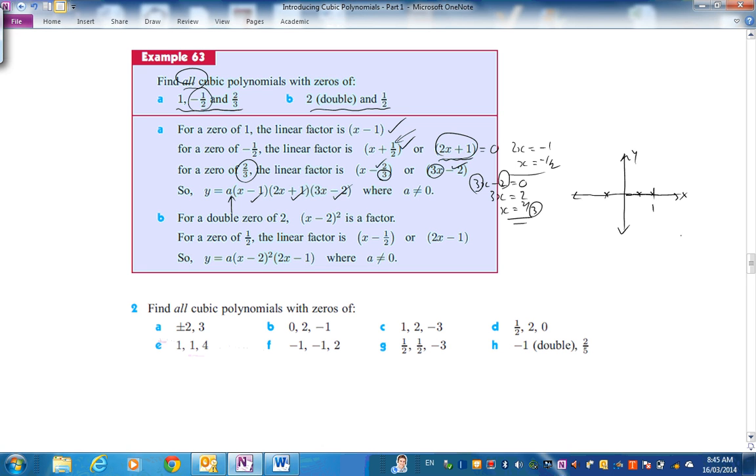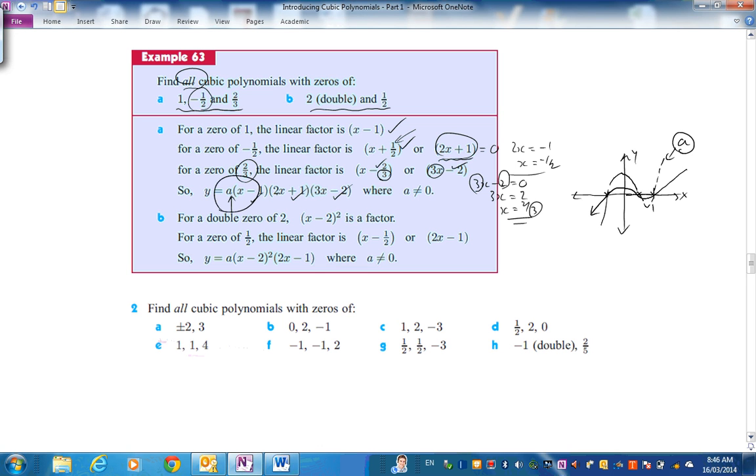So with this one, what we're going to say is there could be various steepnesses. It could be actually fairly flat, or it could be quite steep. So this one here, A is going to be larger.